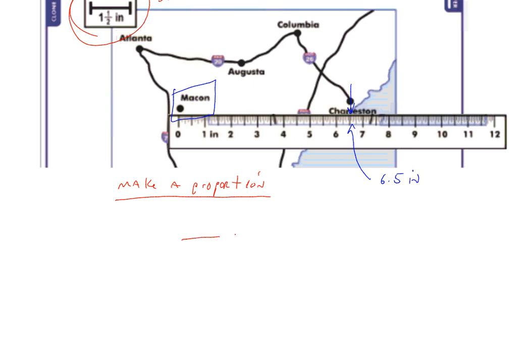So if you remember, a fraction bar, an equal sign, and a fraction bar. Now remember, what are we looking for? We're looking for the distance, and this is the real distance from Macon to Charleston. I'm just abbreviating there, right? You're looking for the real distance from Macon to Charleston.